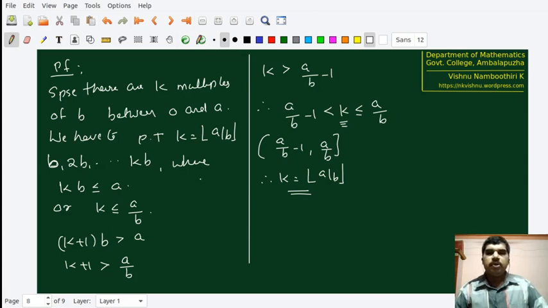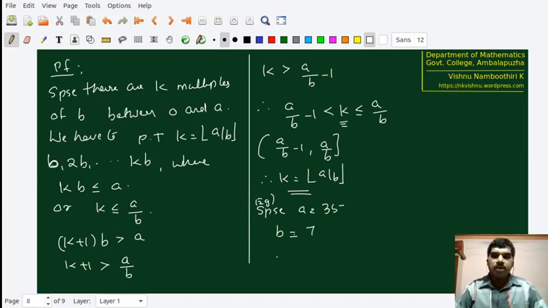We will have one quick example for this particular problem that we have just done. Suppose a is equal to 35 and b is equal to 7. How many multiples of b are there just below a or equal to a?